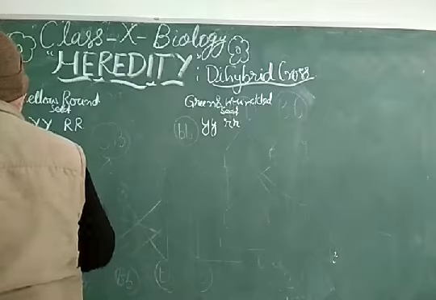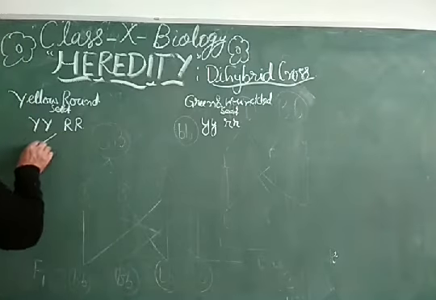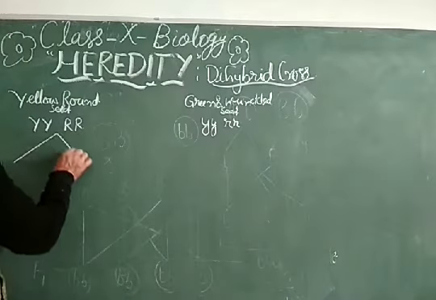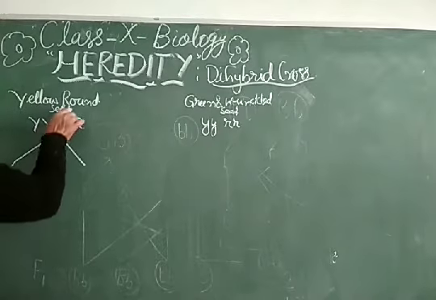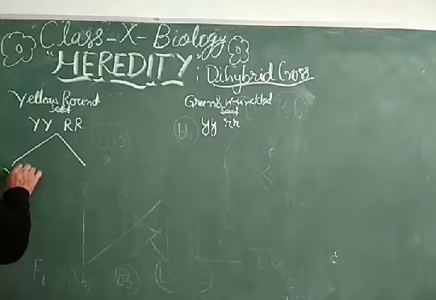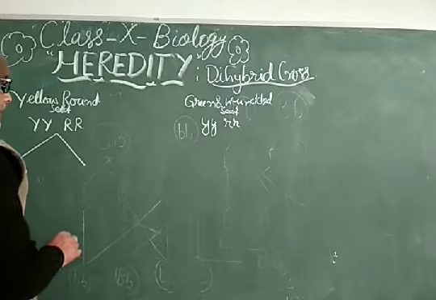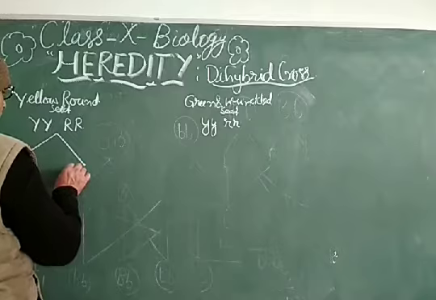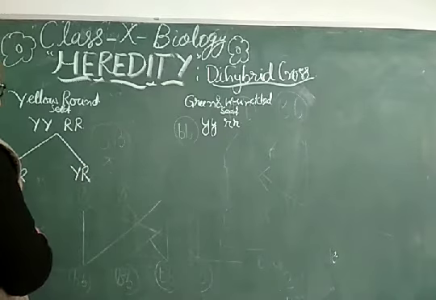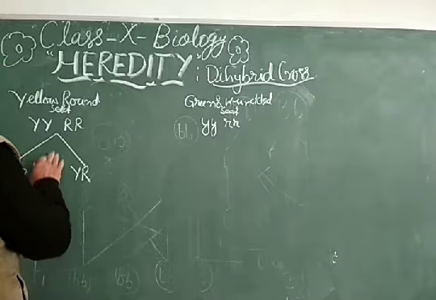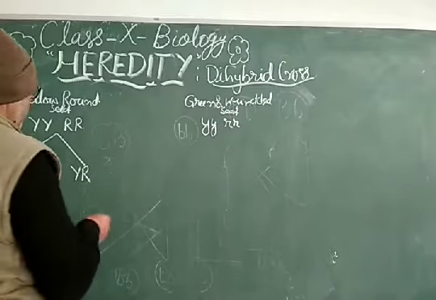Now see what happened during gametogenesis. The gametes: one character of yellow and one character of round will form a single gamete, capital Y, capital R. So one for male and one for female.